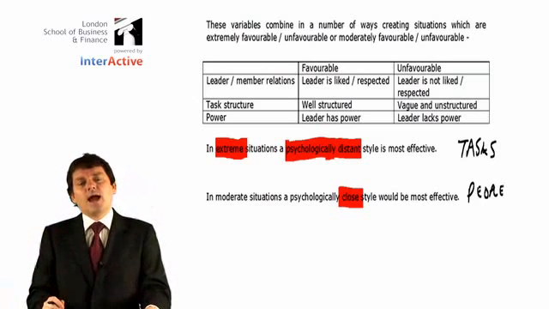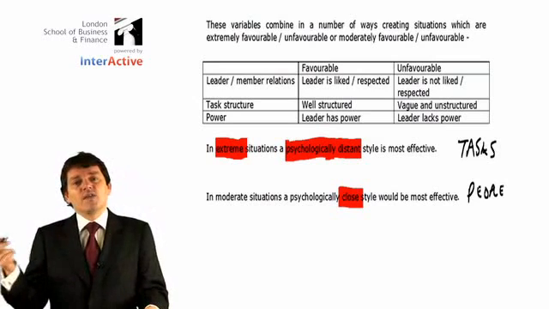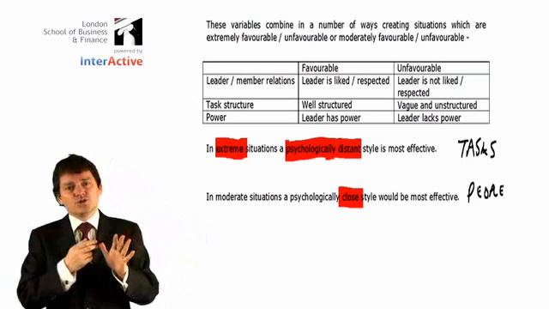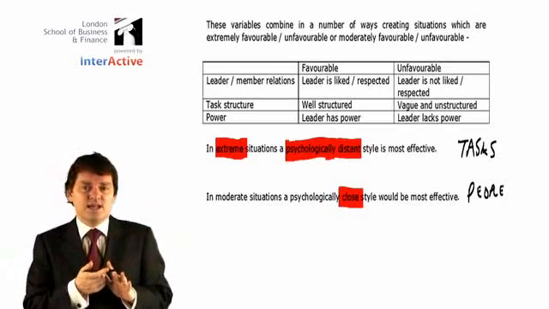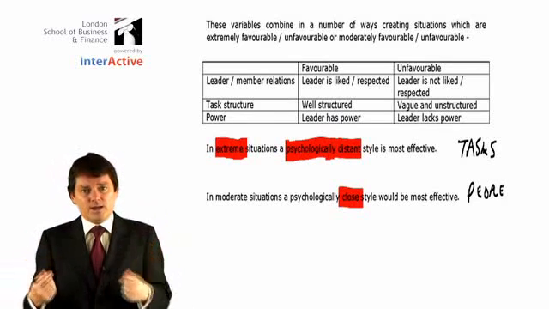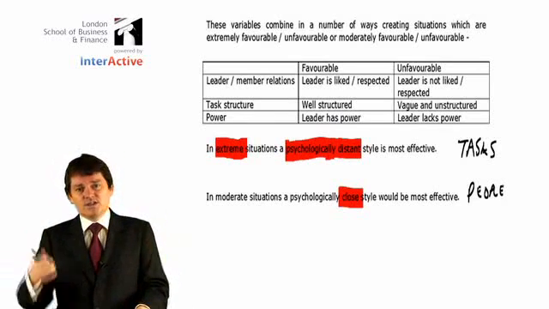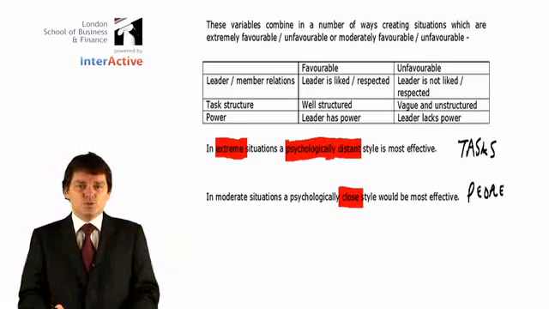So make sure the people are happy and they will work. They will work because they respect the boss, and also the boss has the ability to influence them. So get to know them better. Psychologically distant, just tell them what to do and don't try and be friends with them. So Fiedler's trying to say you may have to change what you do depending on what the situation is.